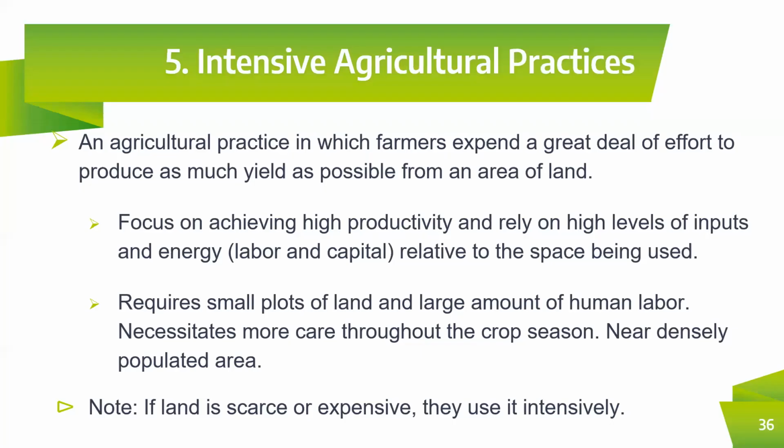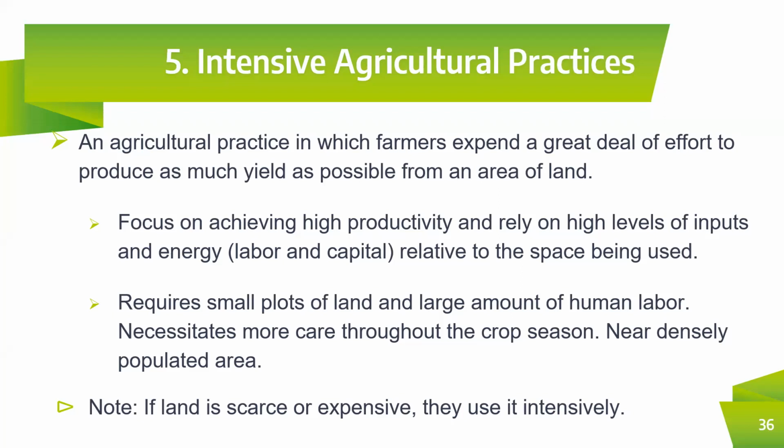Okay, moving on though, let's talk about intensive agricultural practices. The second subtopic here in 5.1. Intensive agricultural practices, basically an agricultural practice in which farmers expend a great deal of effort to produce as much yield as possible from an area of land.